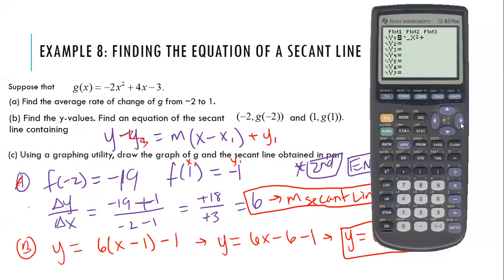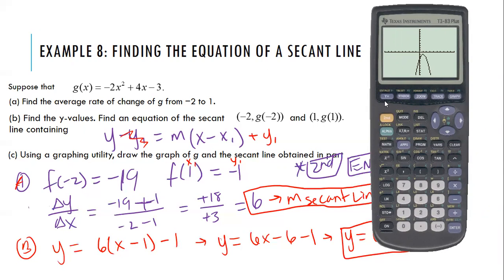The negative, plus 4x minus 3. I hit graph. It's going to look weird because my window's not right and I didn't reset my calculator. That's okay. Little shortcut: zoom. You see where it says standard? If you go to zoom standard, it's going to automatically reset your window to its original settings.